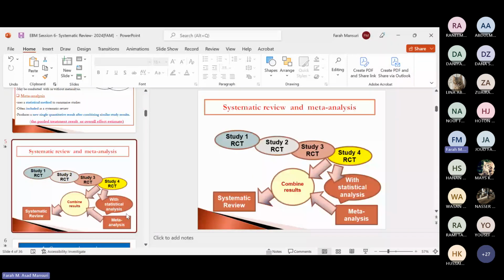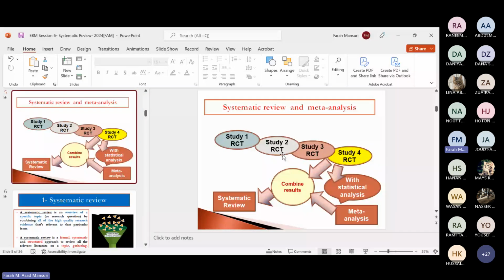This is a bit of an illustration: if you are selecting some 4 studies and trying to combine the results of those 4 RCTs, randomized controlled trials, that can be without meta-analyses, but in the form of a systematic review.